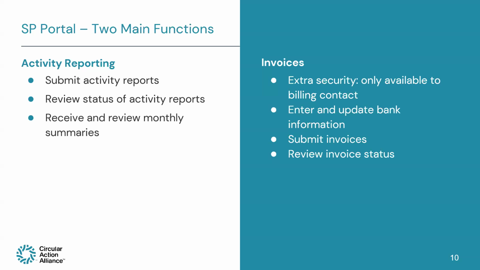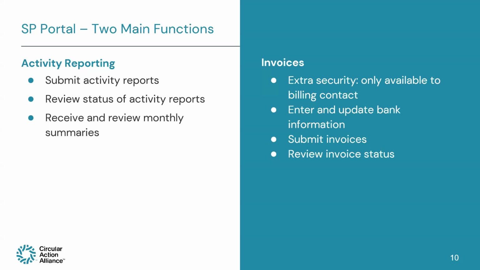Throughout, you'll also be able to review the status of the activity report, so you can see if yesterday's or last week's activity reports have been approved, or if they're still pending, or if for any reason they've been rejected. Usually they may be rejected for not having a facility that we recognize, it may just be a data entry error, or it might be that there's a new end market that you're trying to send material to, or there's a new transportation segment that you'd like to send your material that's not in the system.